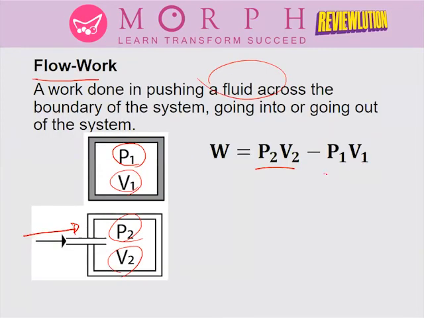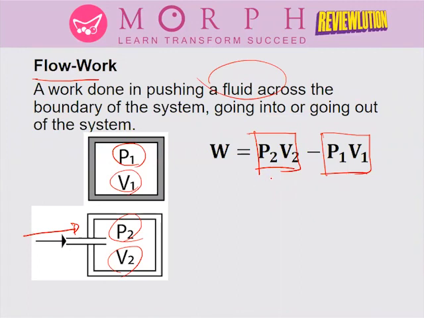Now, I just want you to realize this, okay? Pag nakita mo itong PV sa thermodynamics ngayong araw na pag-uusapan natin, yung P pressure times volume, ibig sabihin, this formula is not just P2V2 minus P1V1. Okay, bakit?